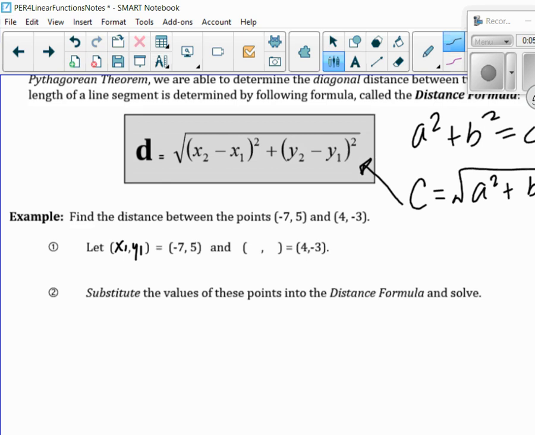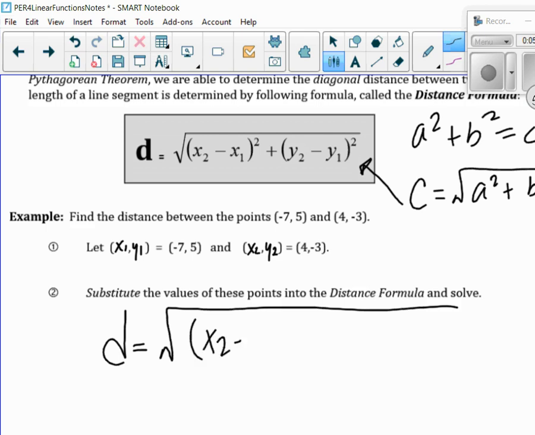The slope, yeah. And so this becomes x2, y2. And so now we're just going to substitute it in. D equals the square root of, I'm going to write out the formula, x2 minus x1 squared plus y2 minus y1 squared.